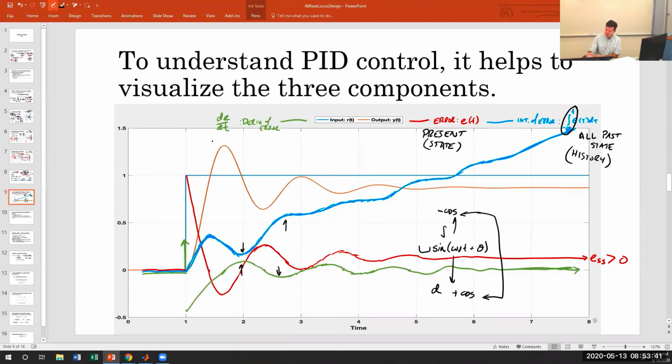And so the third fork of this trident is the derivative. I want you to think about the derivative of the error as an anticipation of where the error will go. I hesitate to use this word, but there is some power in thinking that the derivative tells you the very near future. Not the entirety of the future, but if I know the slope of a curve, I have a pretty good idea where that curve is going to go in the next time instant, right?